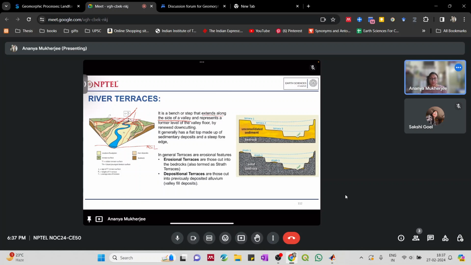Now the river terrace is already formed, but maybe there is a sudden uplift in the area beyond the river, or there could be a kind of subsidence that has happened in the downstream part of the river.